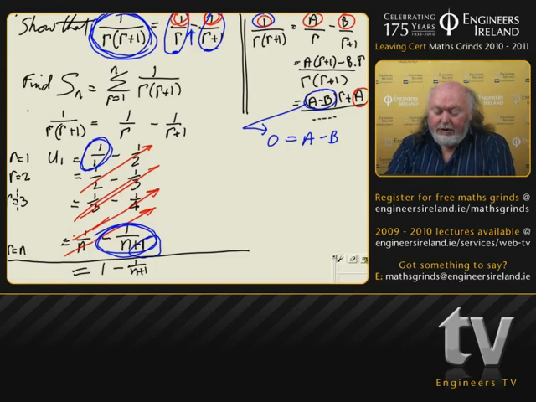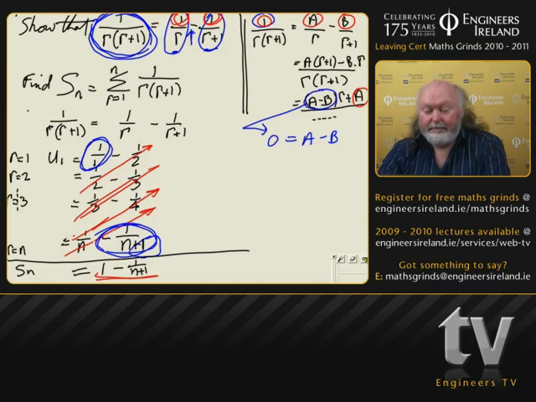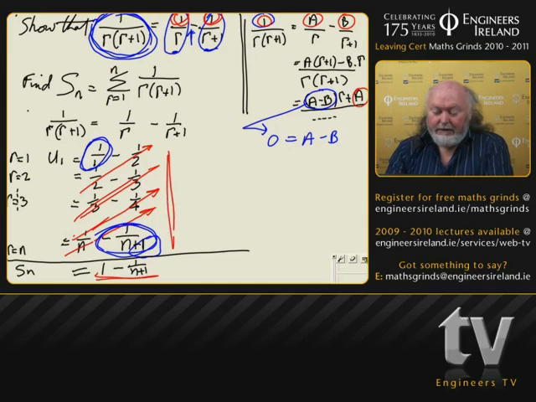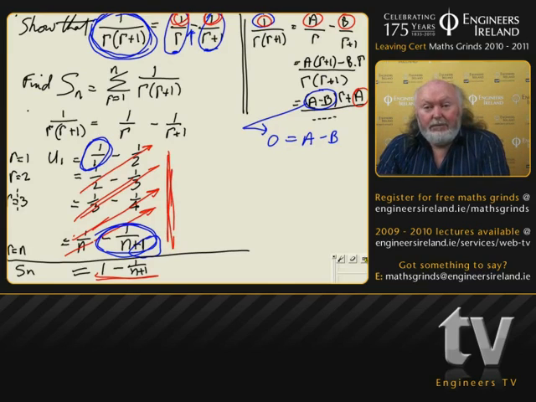Now, I think it's much easier to work out the sum of a series when we know an equation like this. It's way easier than having to work out a huge number of lines like this. Telescoping is a really powerful tool.